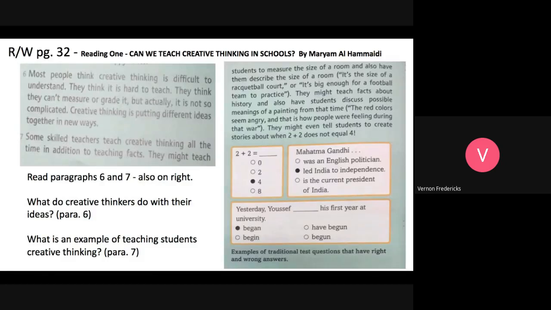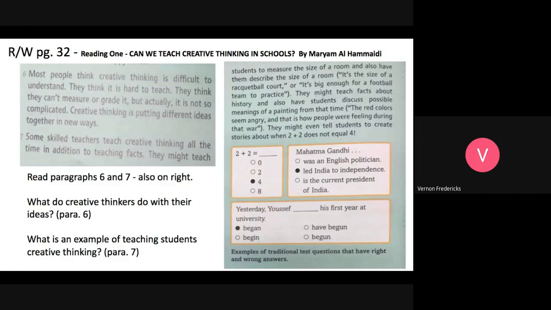They think they can measure or grade it, but actually it is not so complicated. Creative thinking is putting different ideas together in new ways. So what do creative thinkers do with the ideas? They are putting different ideas together in new ways.